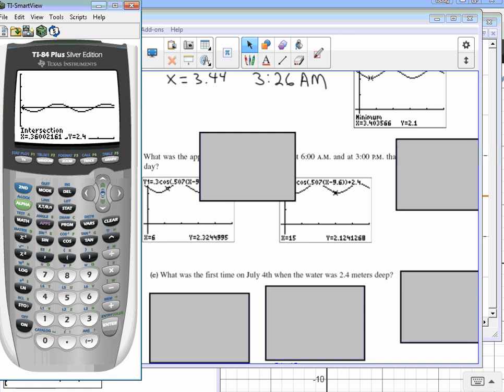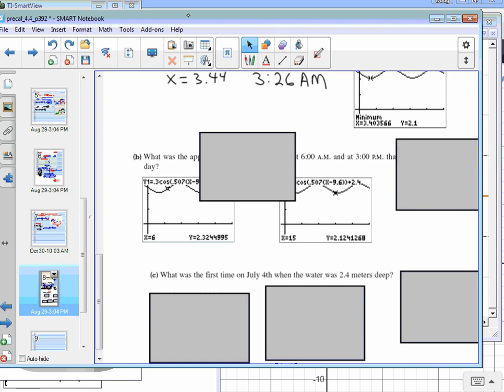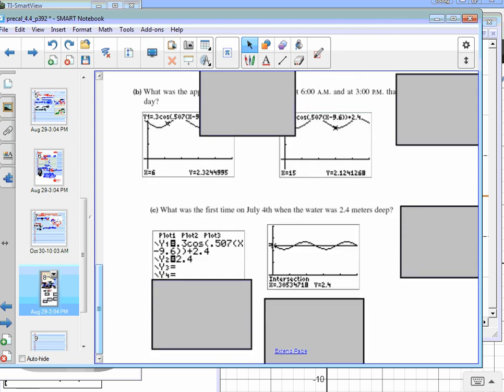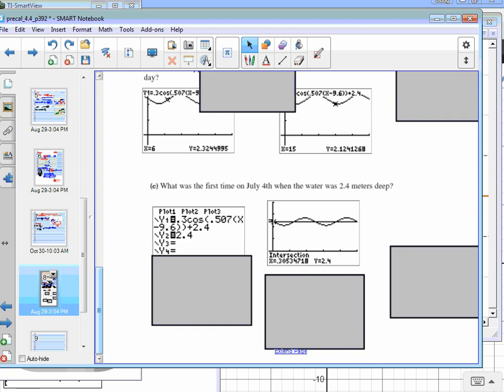0.36. So 0.36 times 60, it's going to be real early. Theirs is 0.31 instead of 0.36. Theirs is slightly different because, again, of rounding.